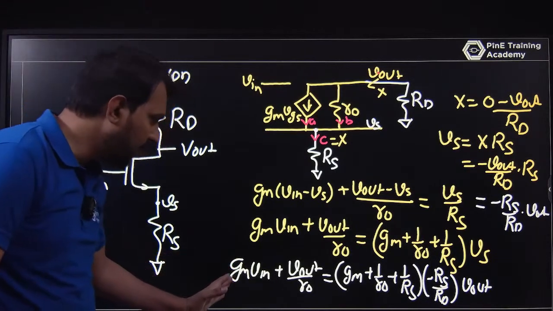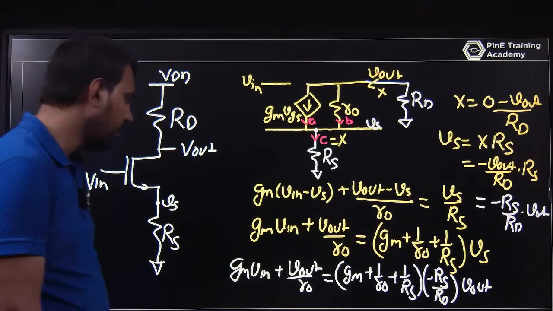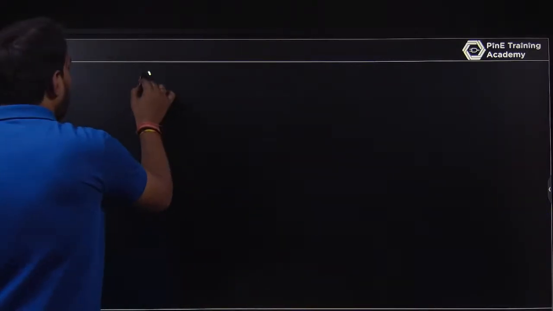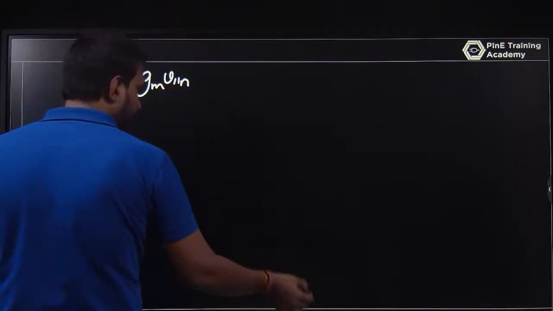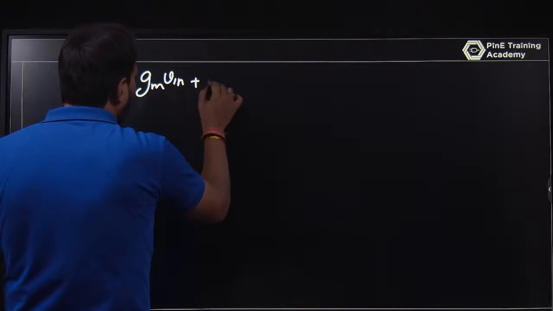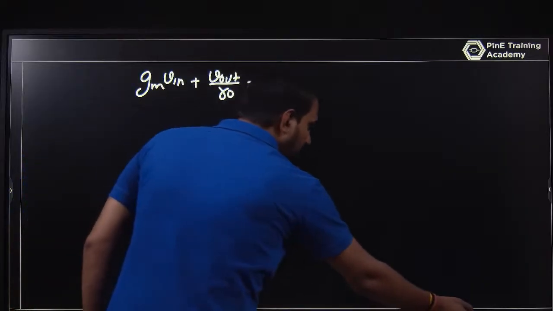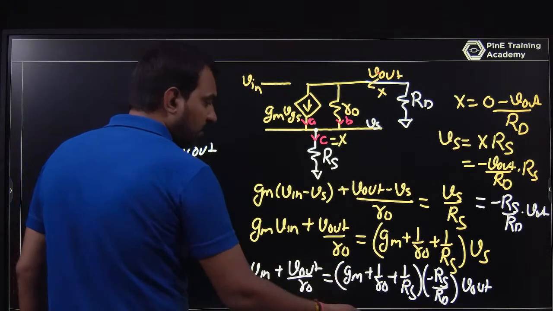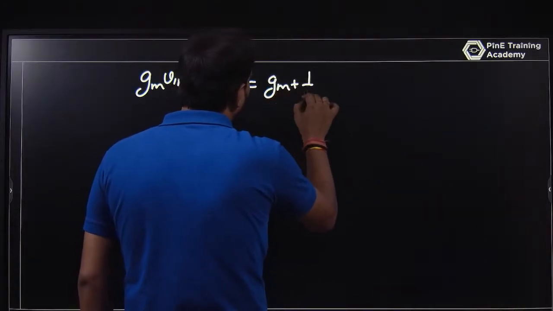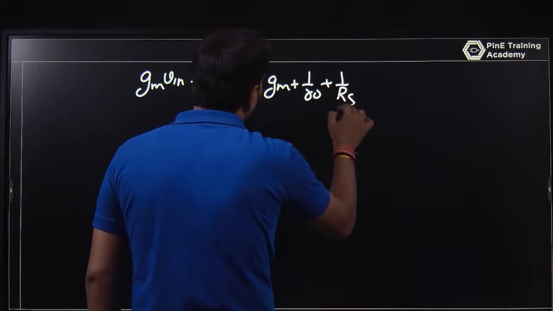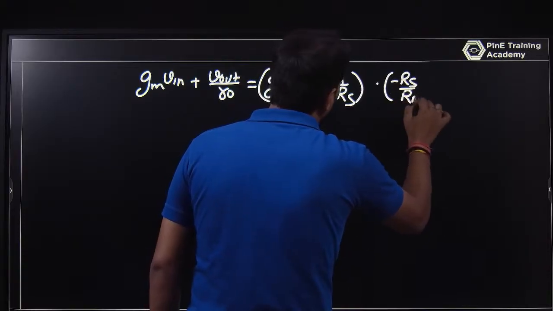You can take one side as Gm V in, and the other side is this term.